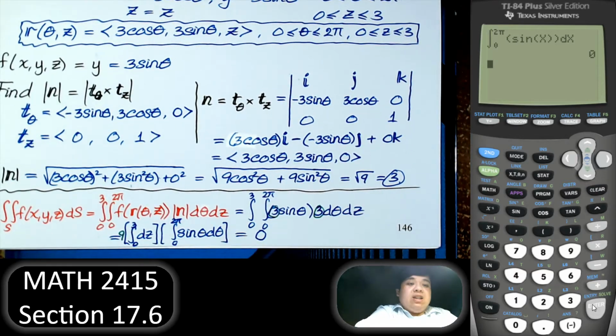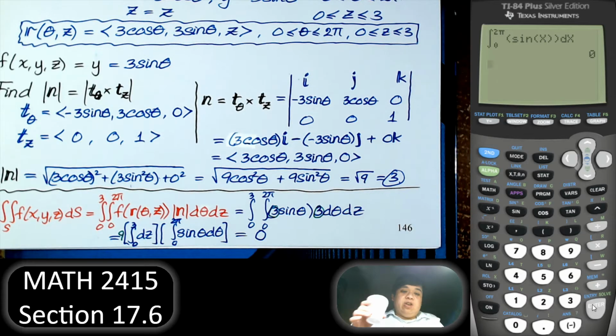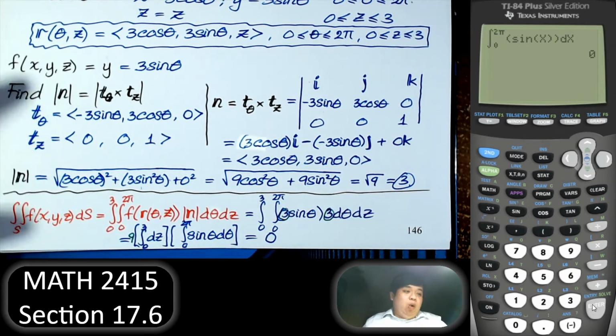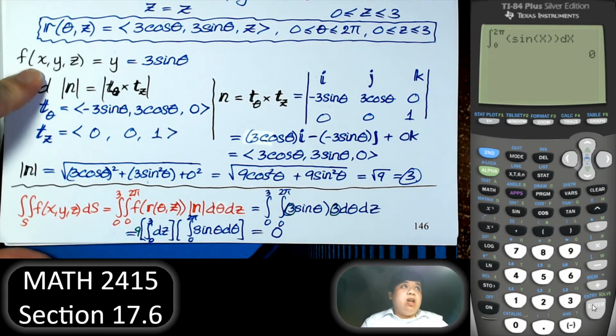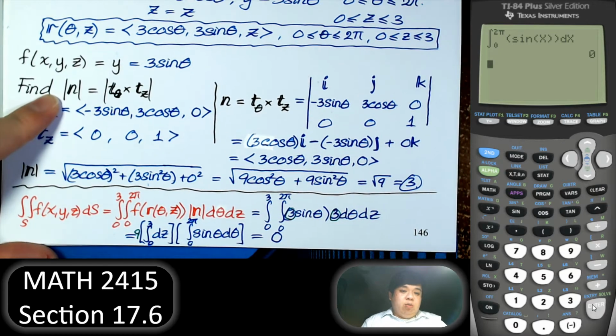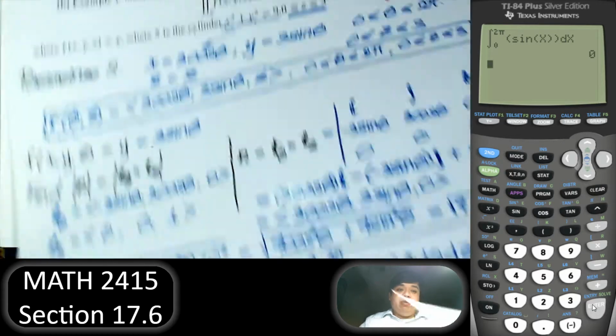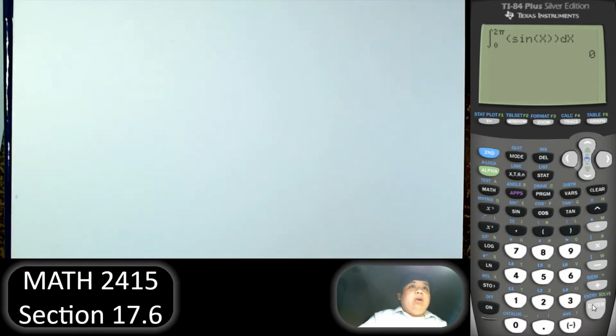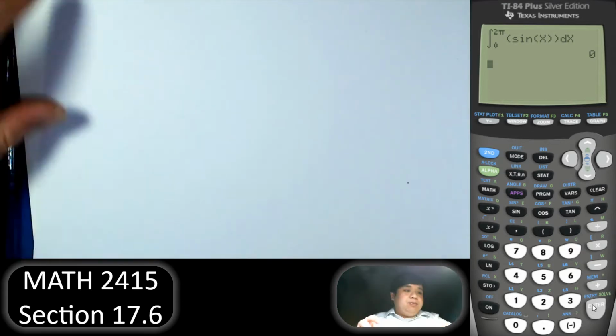So because of that, the density at some points is positive, at some points is negative. They just cancel each other out. So that's why this should be equal to 0. Right, so it's simple enough. Again, parameterize, write a function in terms of the parameters, find the normal vector, in this case the magnitude of the normal vector. The calculation of that may sometimes get a lot more complicated.